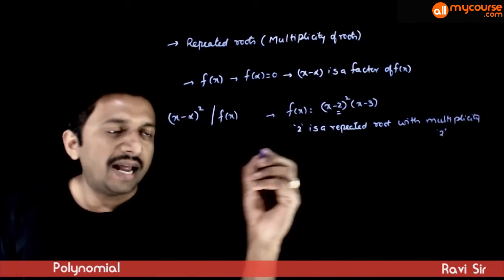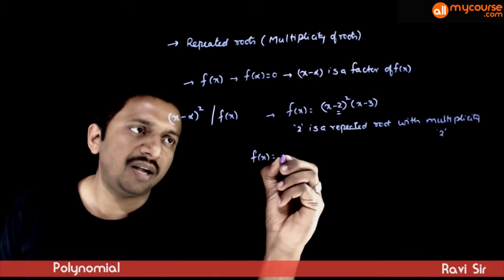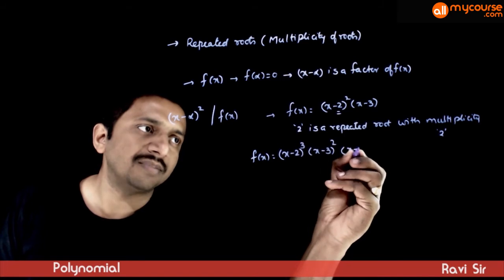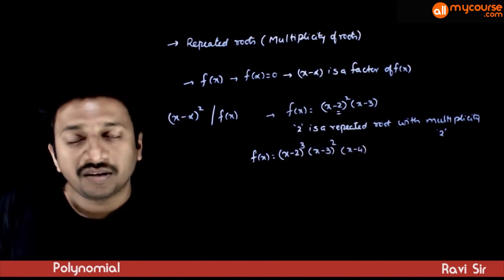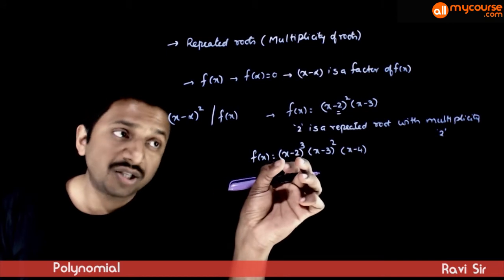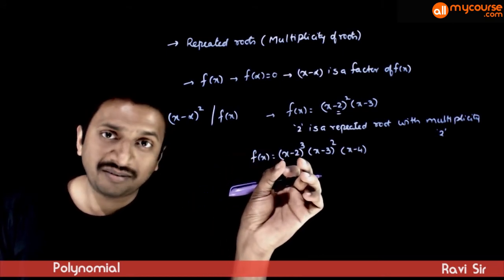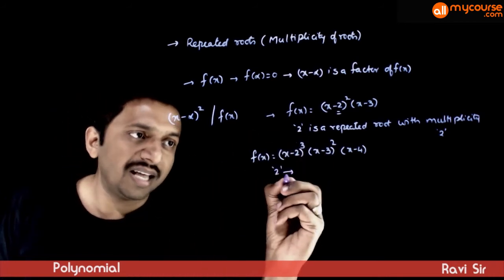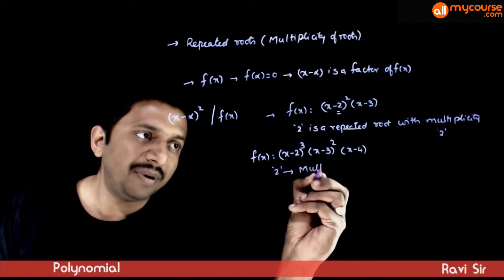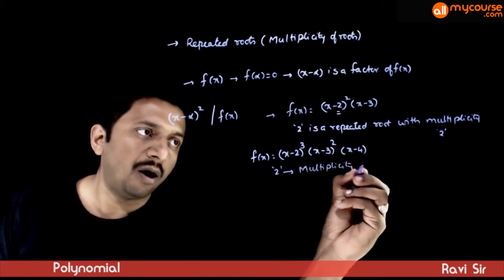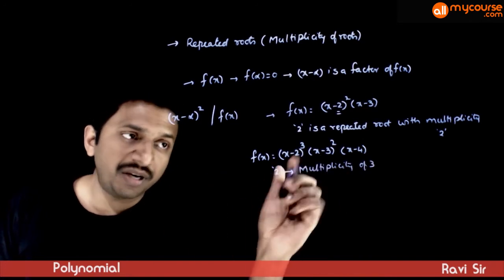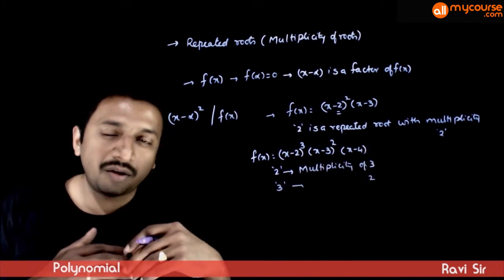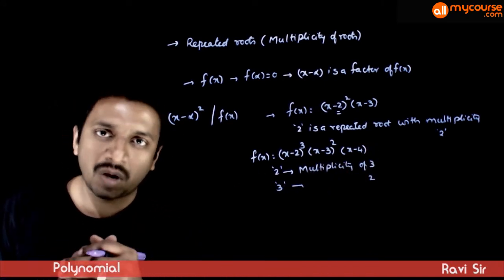And if you have another example, f of x is equal to x minus 2 whole cube times x minus 3 whole square times x minus 4. So in this case we say that x minus 2 is a factor of multiplicity 3 and 2 is a repeated root with multiplicity of 3 and 3 is a repeated root with multiplicity of 2 and 4 is not a repeated root, or we can say that 4 is a root with multiplicity of 1.